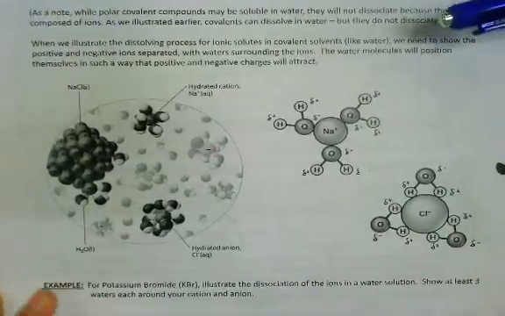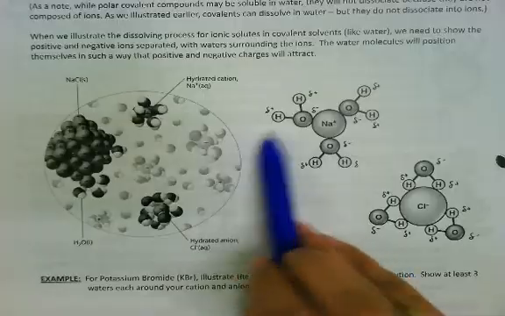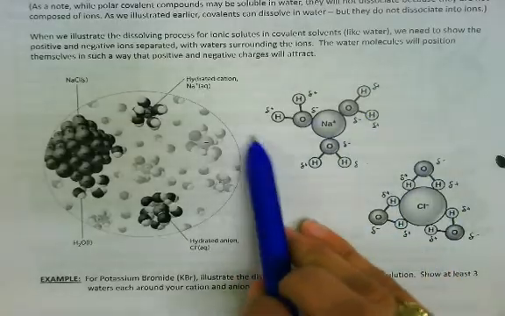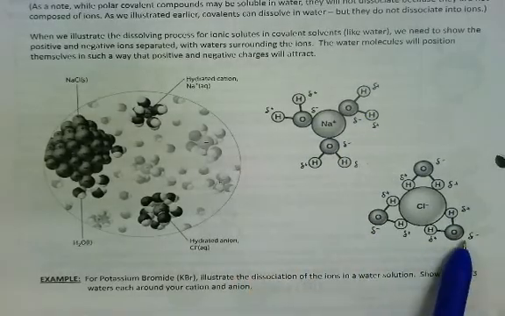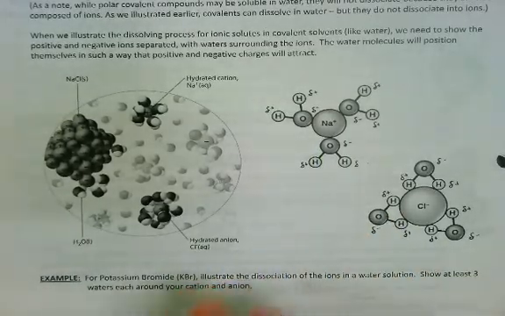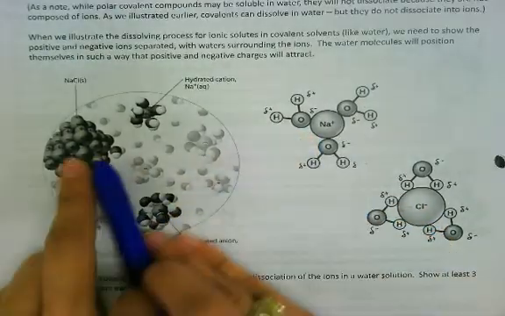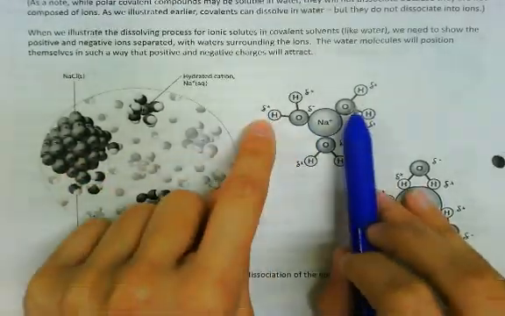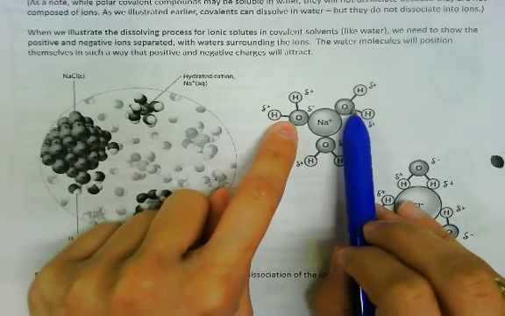So when we illustrate this dissolving process, we're going to show some water molecules around the ions oriented in such a way that the partial positive and negative poles are lined up with the opposite charge of whatever ion they are being attracted to at that moment. So what we see here, for example, when sodium chloride is dissolved, is we have some water molecules.